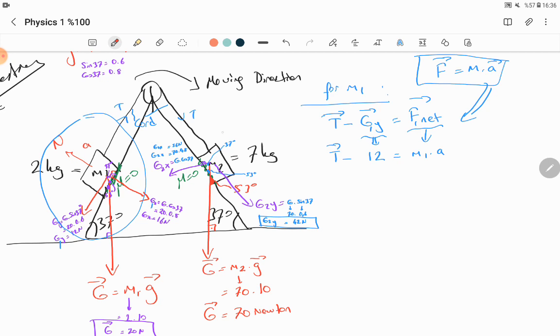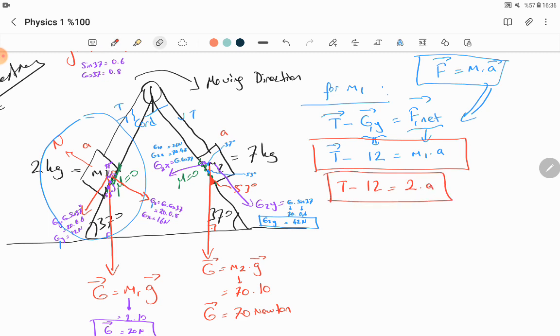Since M1 and M2 are connected to each other, M1's acceleration equals M2's acceleration. And that's our first equation, where M1's value is 2 multiplied by A. That's our first equation. Yes.